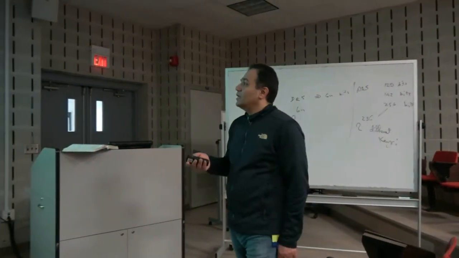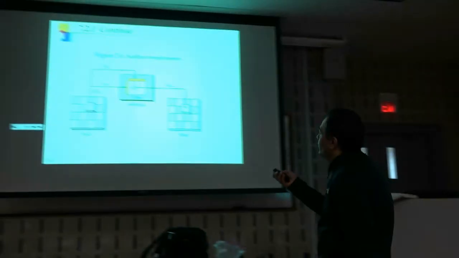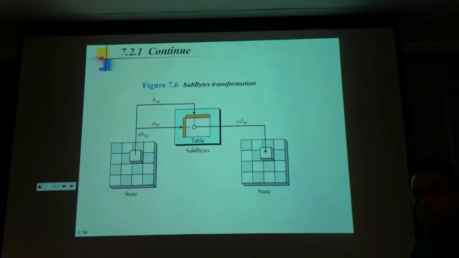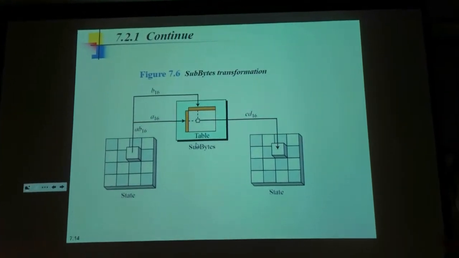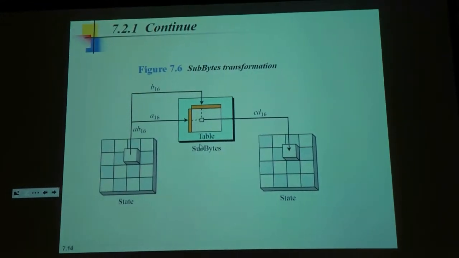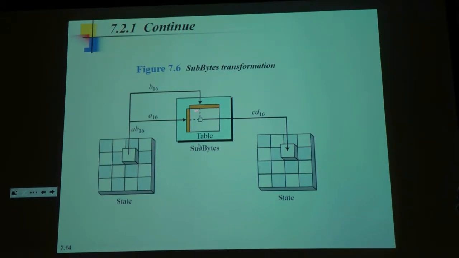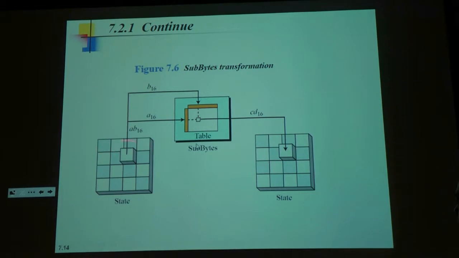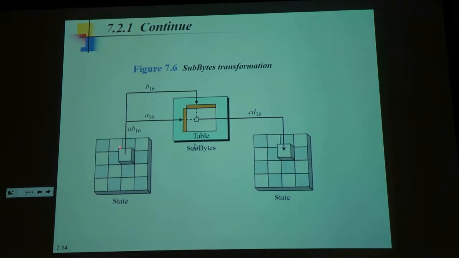In the byte, 1 digit is for columns, 1 for rows. Okay, so let's take an example. Remember we have the state. The state is 4 by 4, total 16 bytes. We take the byte in here as hexadecimal. Let's say this one is, whatever it is, 2 digits. Let's say 24. All right.